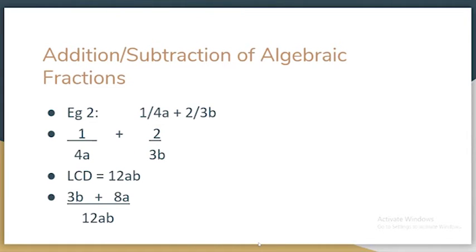The denominator here is algebraic expressions. Did you get 12AB for the denominator? Brilliant. How did we get it? Looking at the coefficients, 4 and 3. What's the LCM for 4 and 3? 12. Now we write down all the letters that are different.